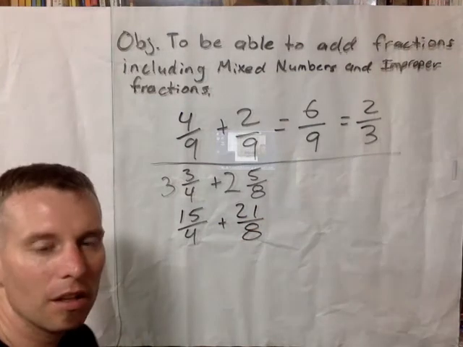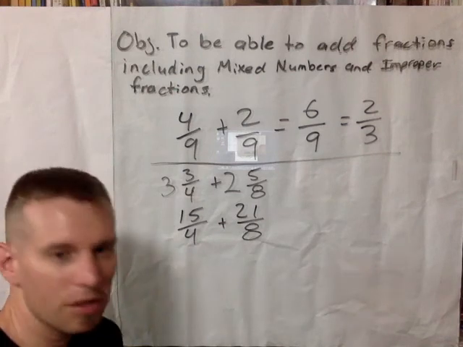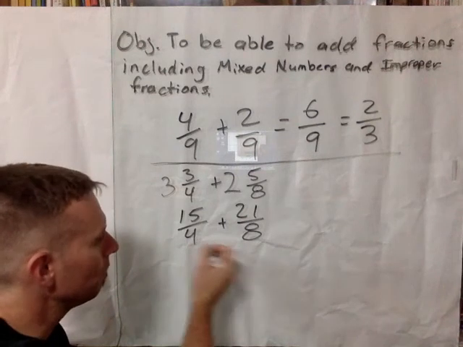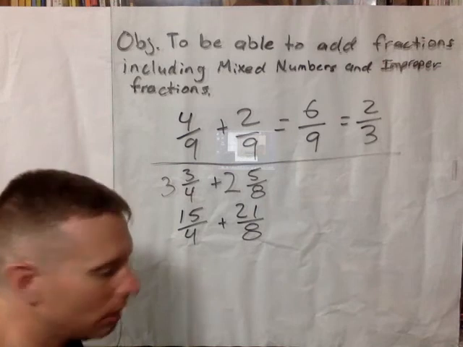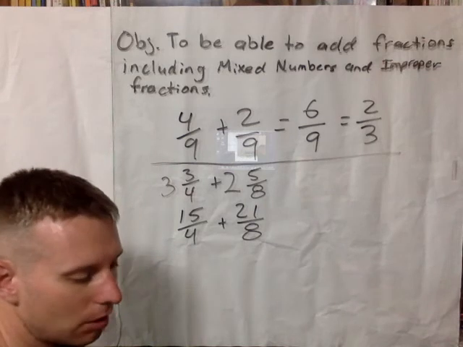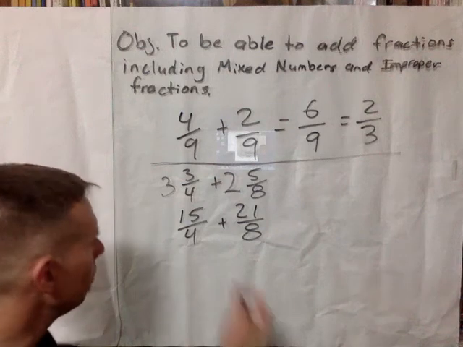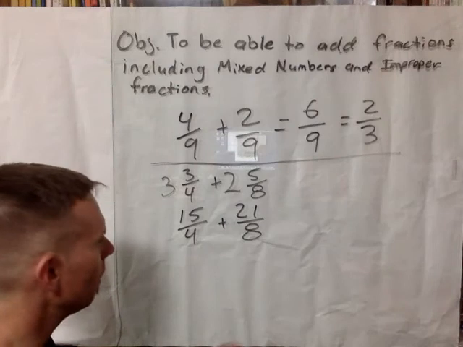Okay. Then we have different denominators, so we're going to find what the LCM of the two denominators are. Well, the least common multiple of 4 and 8 is actually 8. So what we need to do then, in step 3, is create equivalent fractions by multiplying the numerator and the denominator by whatever it's going to take to get the LCM.